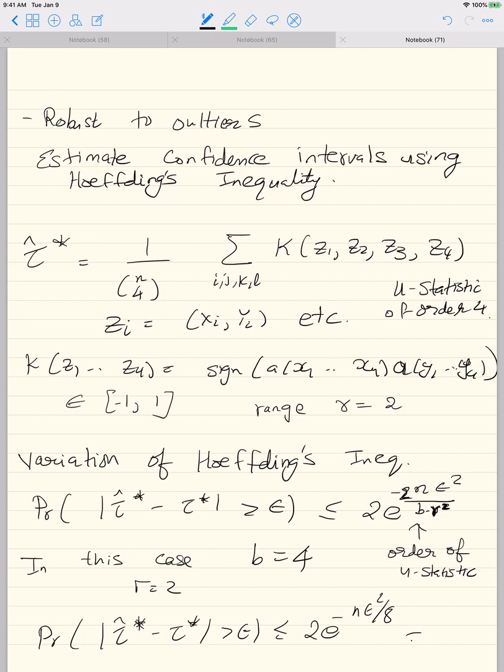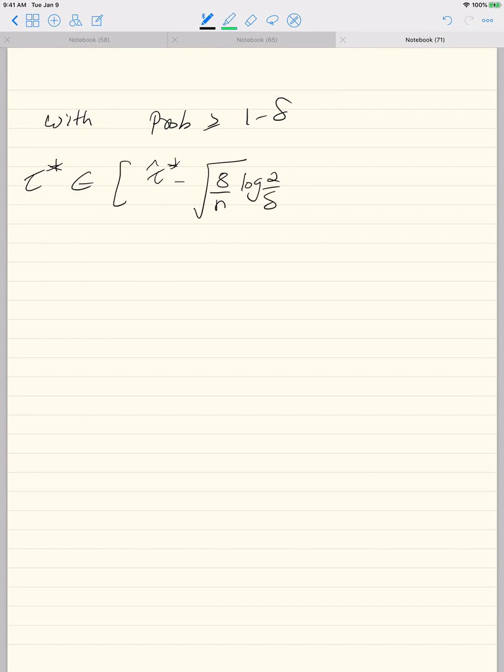So now if we do the usual trick, make this equal to delta, then we can say that with probability greater than 1 minus delta, tau star lies in tau hat star minus the square root of 8 over n log 2 by delta, and tau hat star plus the square root of 8 over n log 2 by delta.